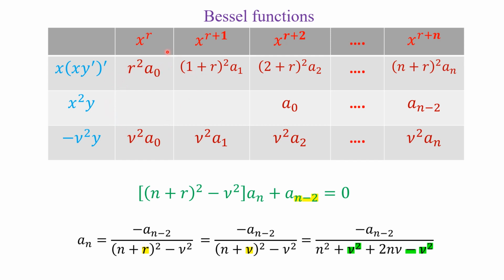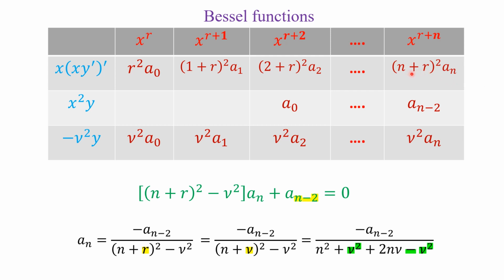First, we have found the solution for the first two terms, that is x power r and then x power r plus 1, because here the x squared y coefficient is 0 in this case. So we are going for the general solution, which is equal to, if you add all these three, n plus r whole squared. Remember that this is an term only we will take.